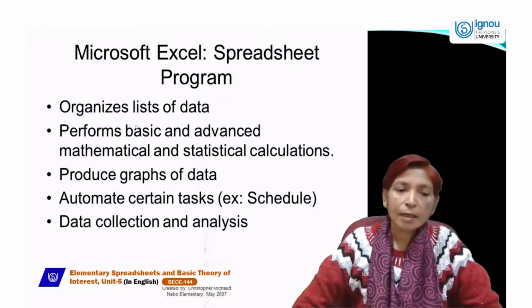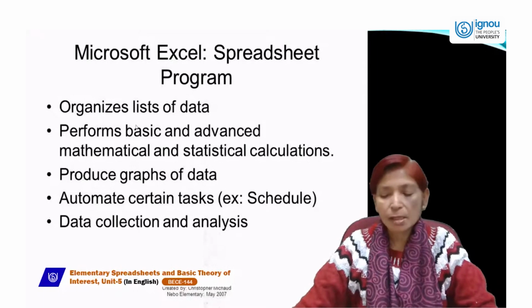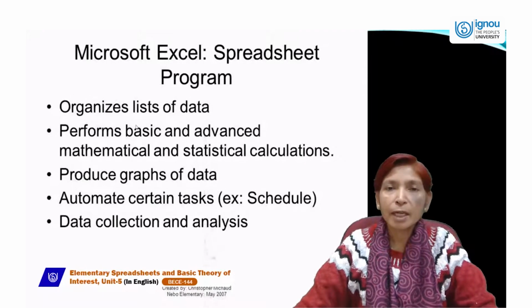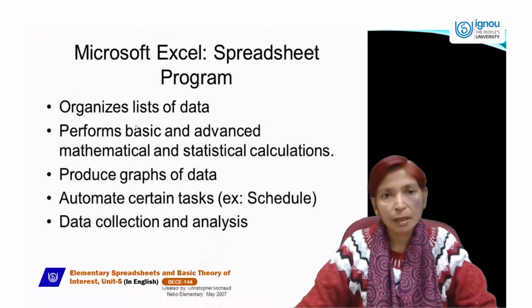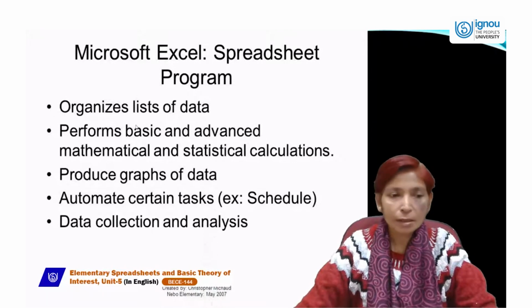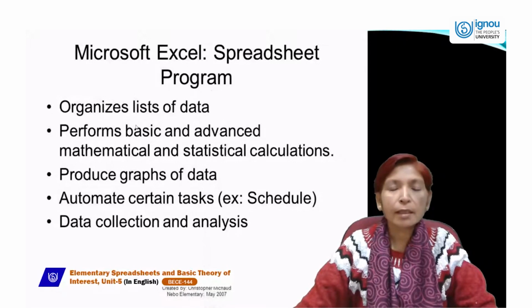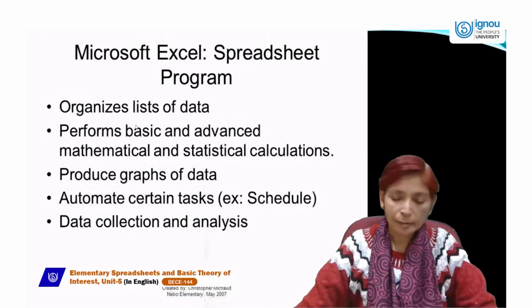And next is data collection and analysis. So this is the Microsoft Excel spreadsheet program. Under this program, we include organizing lists of data, performing basic and advanced mathematical and statistical calculations, producing graphs of data, automating certain tasks like schedules, and data collection and analysis.